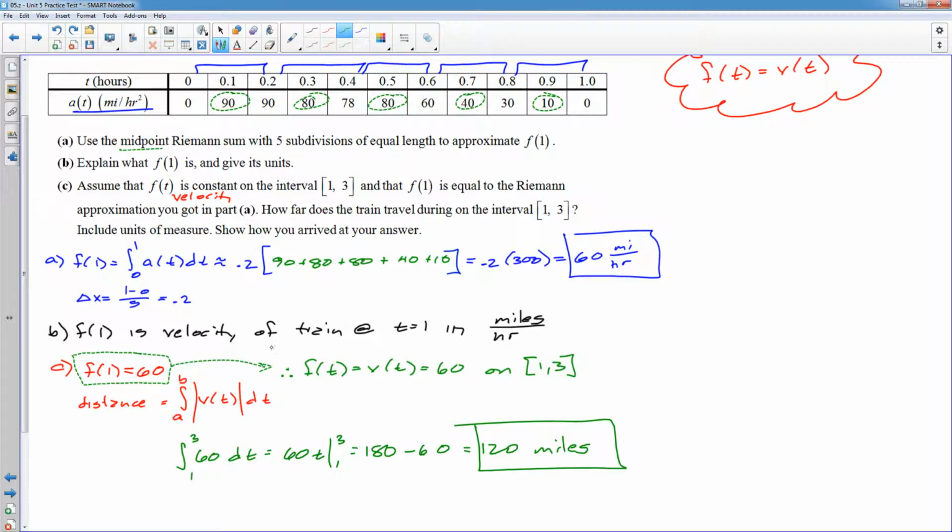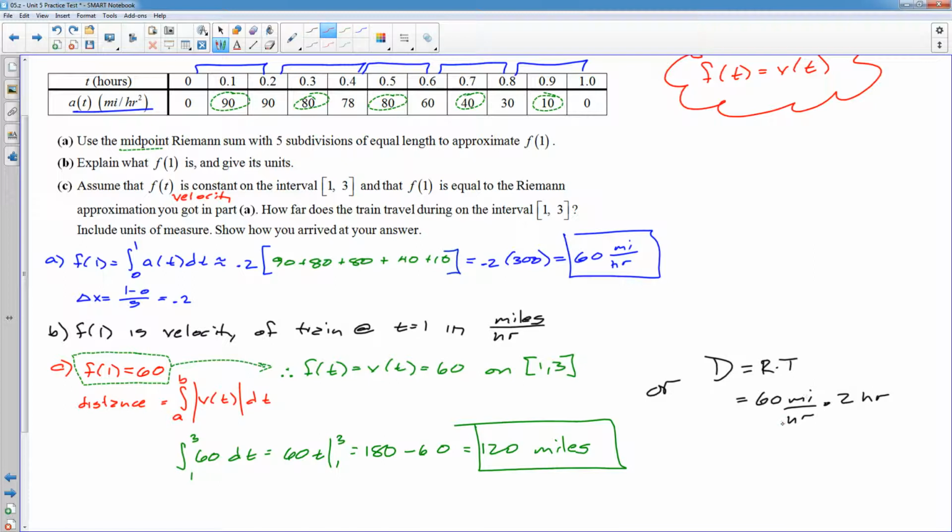However, we could have gone old school algebra 1. Since velocity is constant and we're traveling for 2 hours, total distance is rate times time, where my rate was 60 miles per hour, and that was constant, times the amount of time we traveled, which would have been 2 hours.